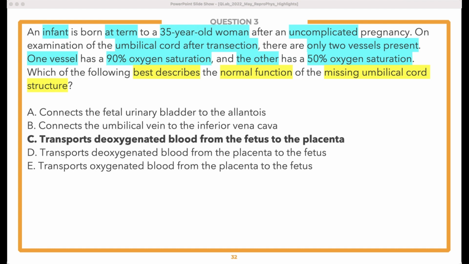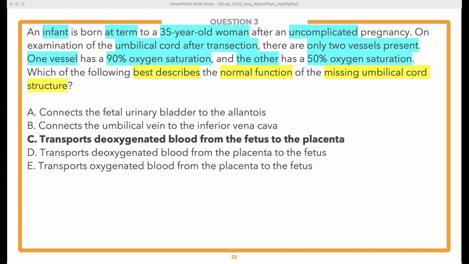Answer choice E is the umbilical vein, which we just talked about, but we are told that's actually there. Answer choice D is false. There's nothing that transports deoxygenated blood to the fetus from the placenta. That would not be a good thing. You would not be giving oxygen to the fetus.